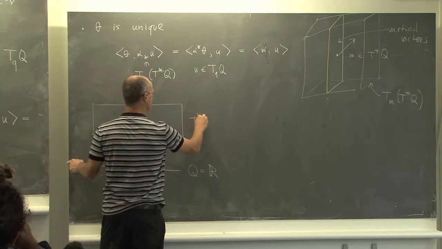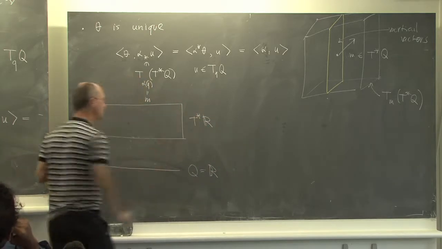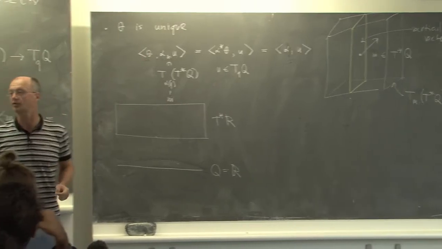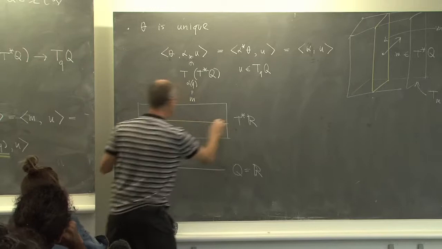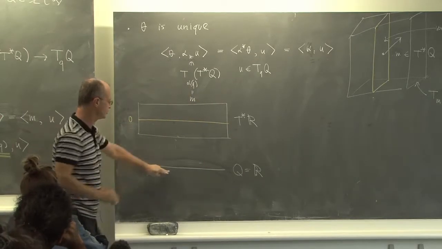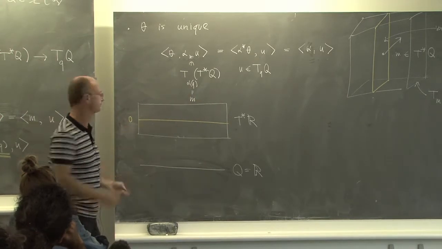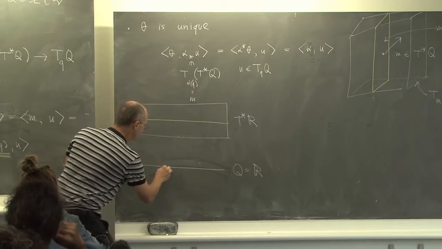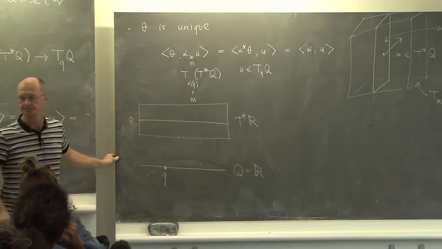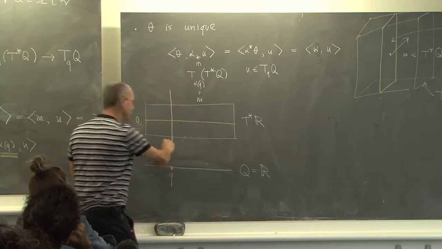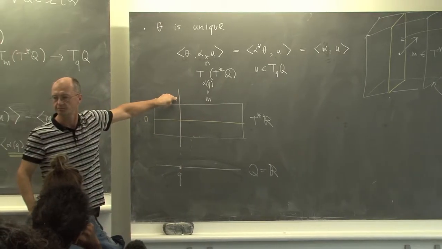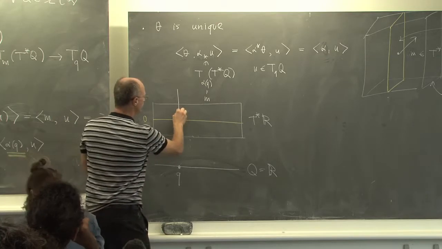Now, that's the cotangent bundle of the real line. Here is sitting the zero section, so that's this R again. So we choose a point Q here. So that's the fiber of Q. Now we're choosing a point here.